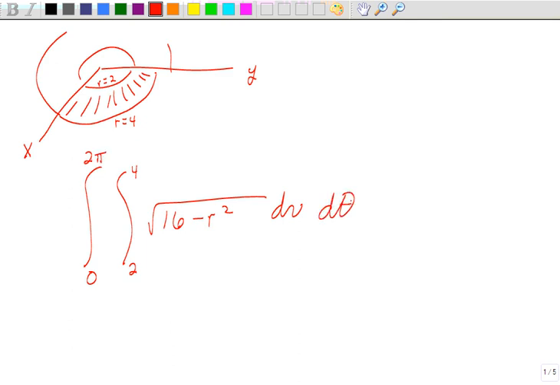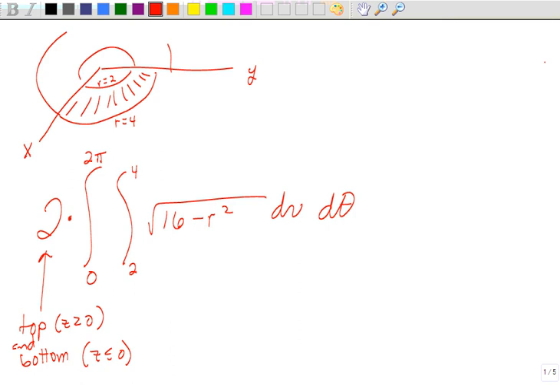So that's the top half. If I multiply by 2, I get the top, above z greater than 0, and the bottom. Okay, and again, I'll let you integrate that.